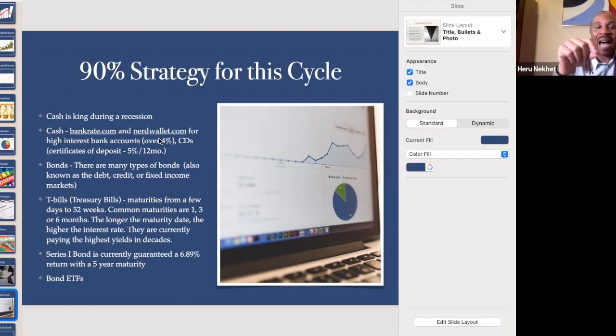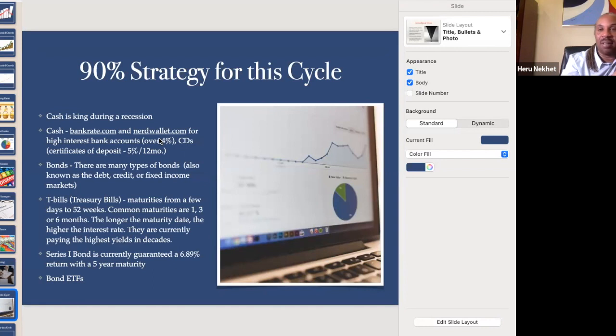The Series I bond, had you done it last year, was 9.62% fixed. Currently, though, it's still 6.89% fixed, guaranteed. The difference is a Series I bond, you got to leave for 5 years, right? So it has a maturity of 5 years.